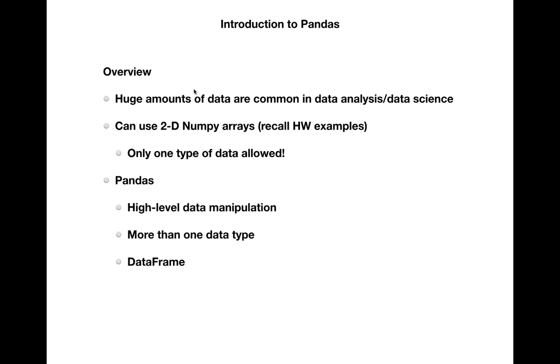All right, so as an overview, huge amounts of data are common in data analysis and data science. Most of data science creates and processes tons of data files every day, and even every hour and every second. You can use two-dimensional NumPy arrays like tables.